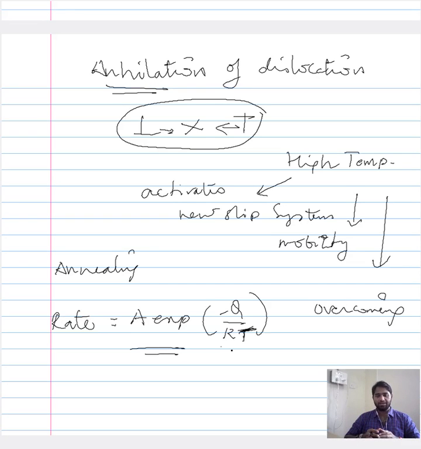One mechanism is the annihilation of dislocations, and this requires positive and negative dislocations to interact with each other. One could achieve that through high temperature, because high temperature activates new slip systems, which means the interaction will be more, and the mobility and the ability to overcome obstacles also increase. Again, this enhances the interaction, thereby enhancing the annihilation of dislocations.